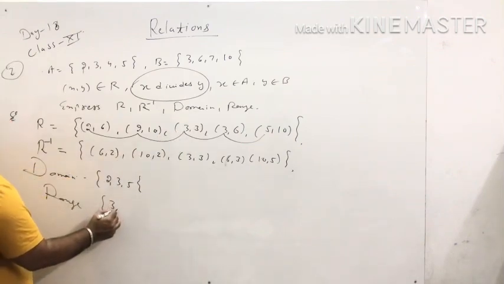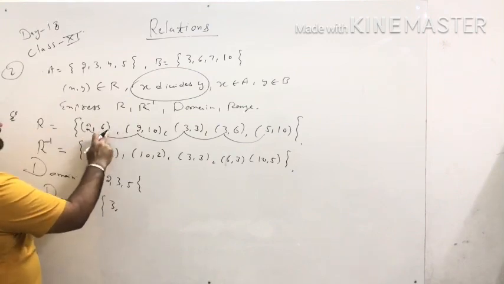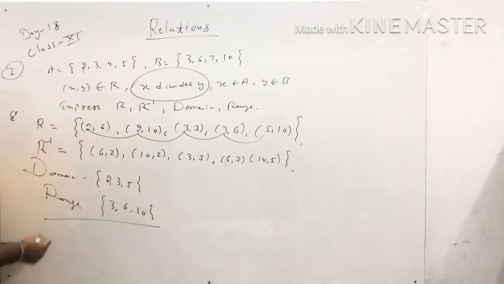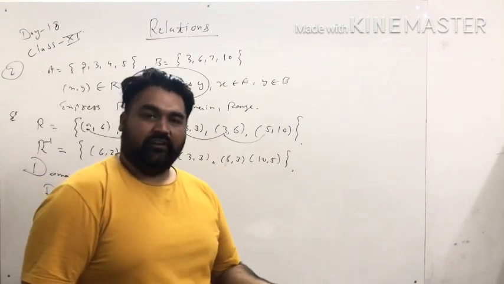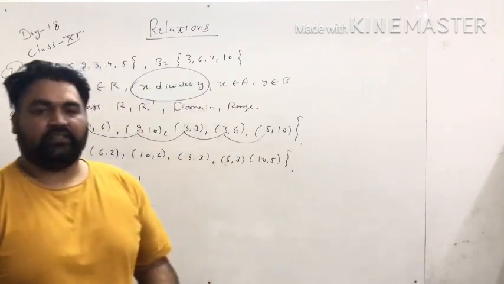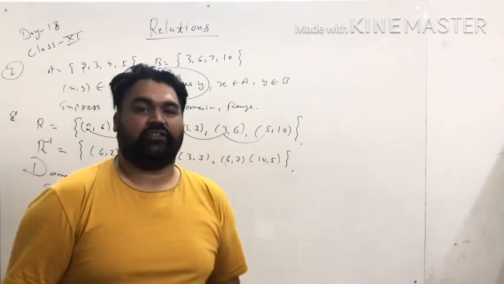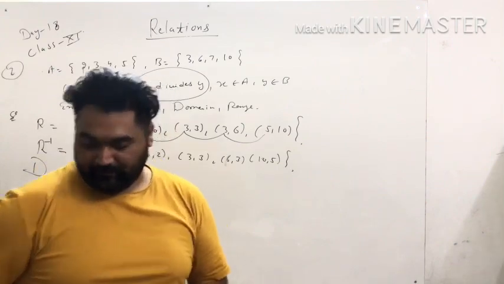So 3, 6, 10. So this is the concept of R means relation, R inverse, domain, range. The whole concept depends upon the given condition. In this question, the condition is x divides y.